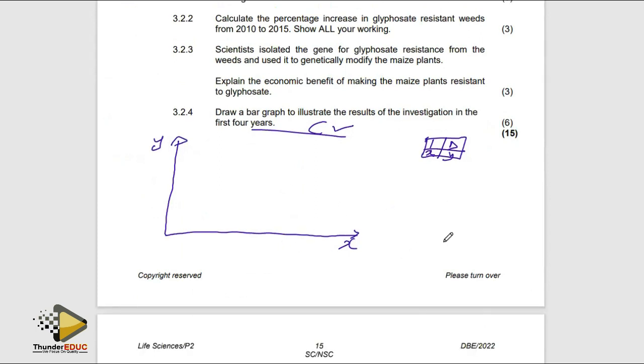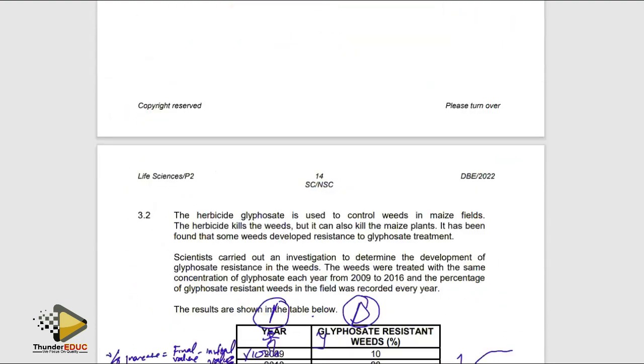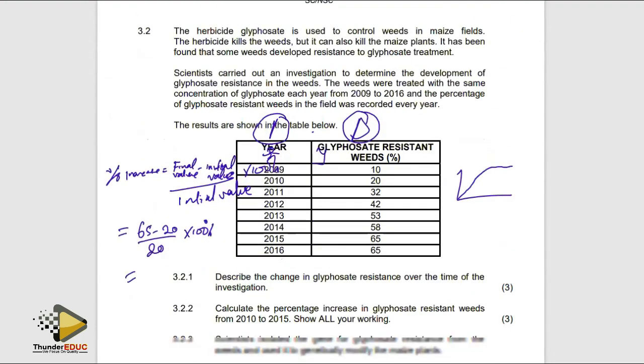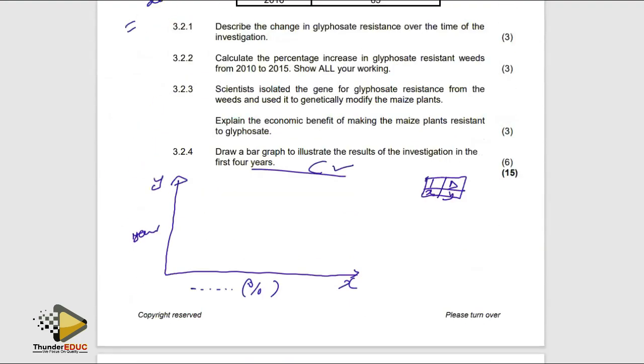So it means that the resistance is going to be here, and the unit is percentage. Then the time is going to be here, which is year. For the years, they don't put any unit, so if you just say time in years or just year, then it's fine.